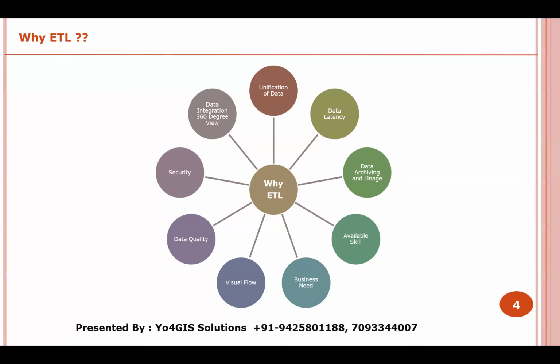The example is, let's suppose we are transferring the data from AutoCAD to geodatabase. As we know, in ArcGIS geodatabase, when we are creating a feature class, in one feature class we can store only one type of geometry.